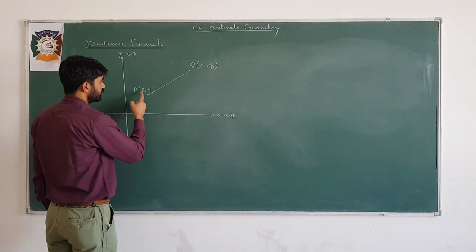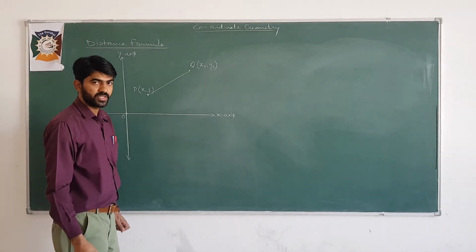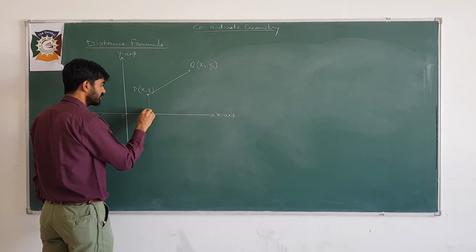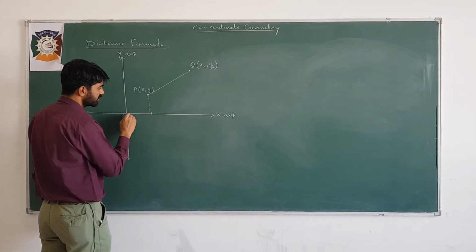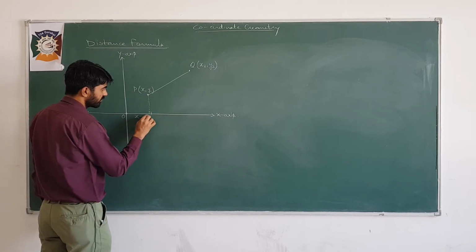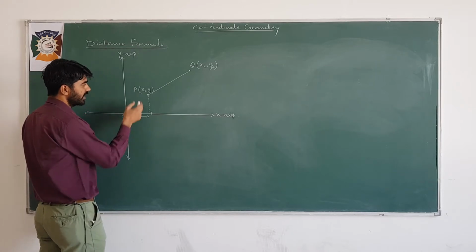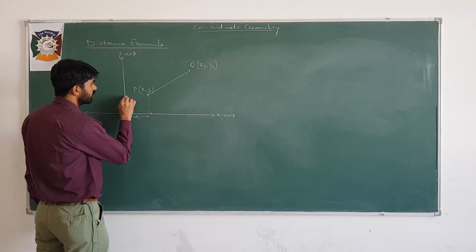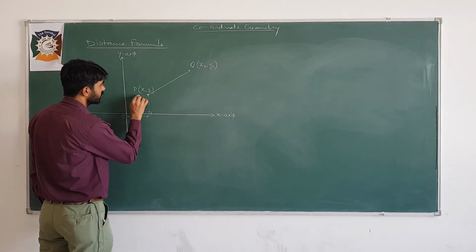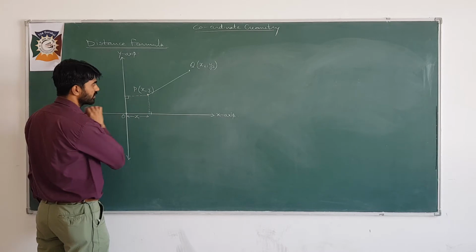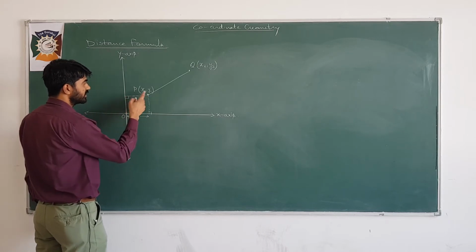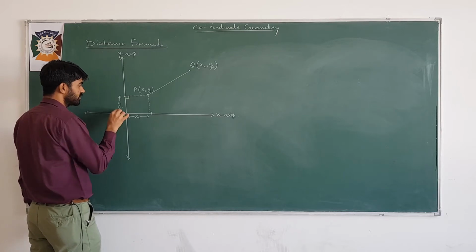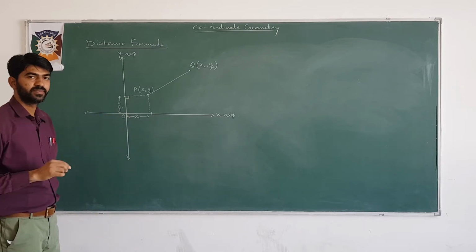If this point is having coordinates x1 and y1, then if I draw a perpendicular on x axis from this point, this distance will be x1, equal to this abscissa, and if I draw perpendicular on y axis from this point, then this distance will be y1.